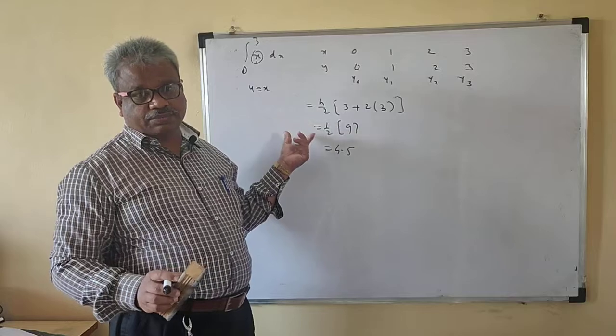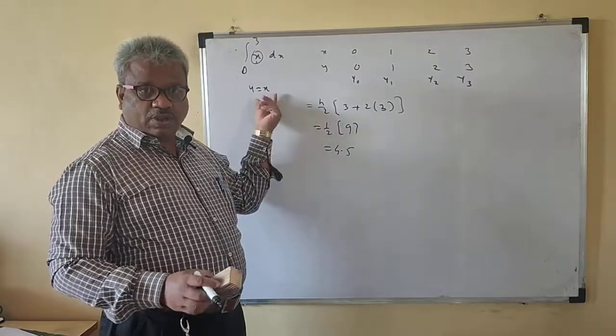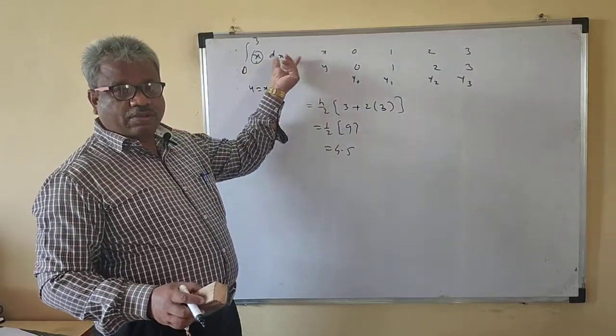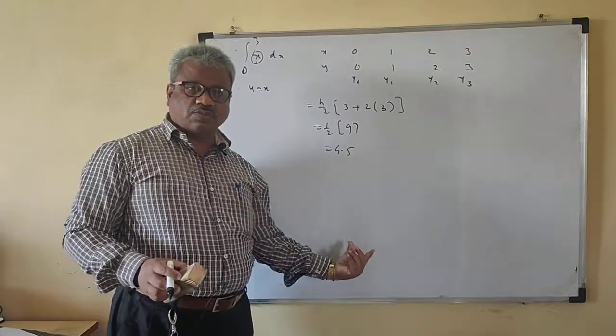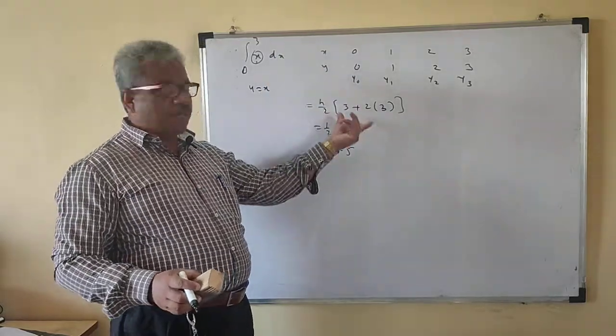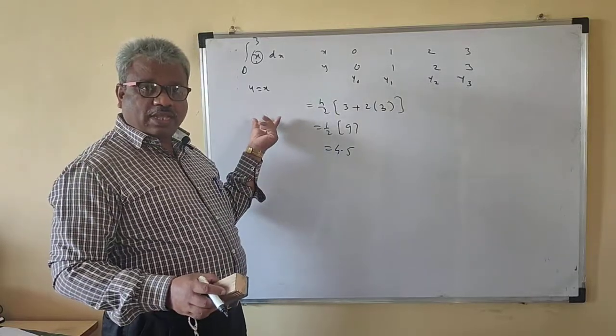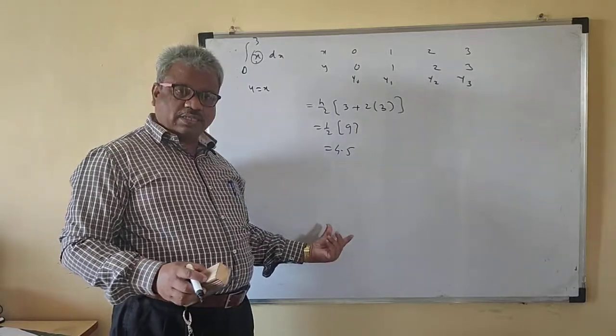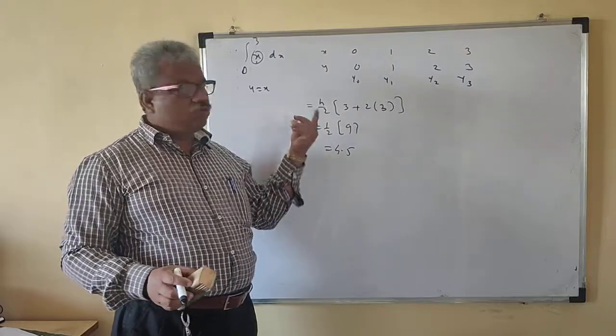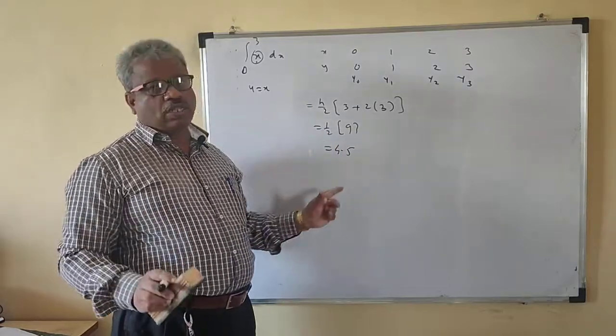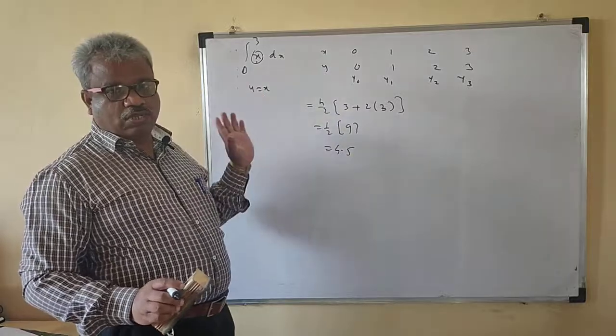Whatever answer you get by solving directly will be in the options, and the trapezoidal rule answer is also there, but if you solve it directly, that will be the wrong answer. So if there is a trapezoidal rule, solve with the help of the trapezoidal rule. Don't do the direct integration.